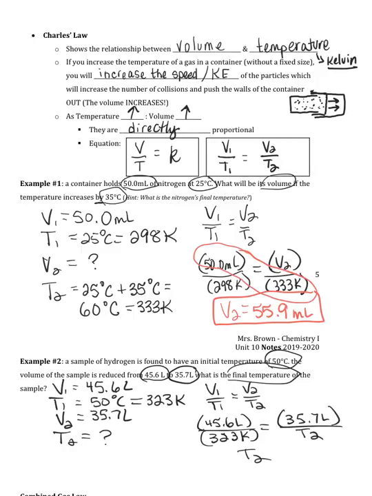When we do that, this time we're cross multiplying these two because those are the two that we know across from each other. And then we take 323 times 35.7, divide by 45.6, and we get a T2 of about 253 K.